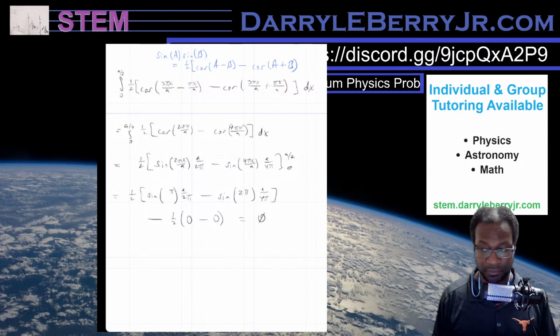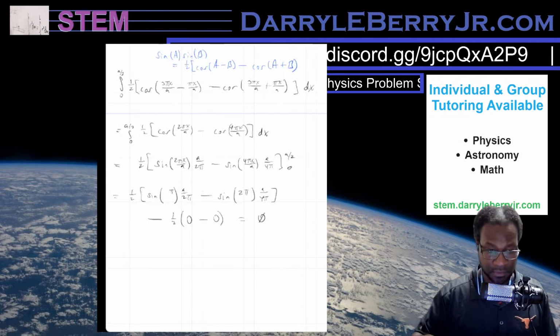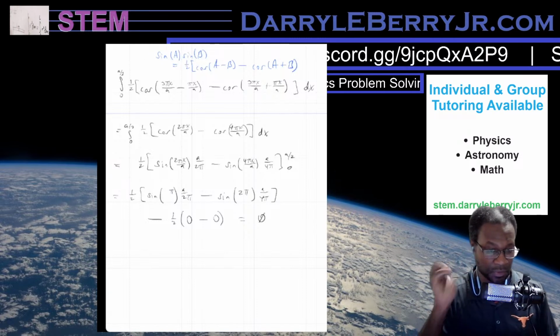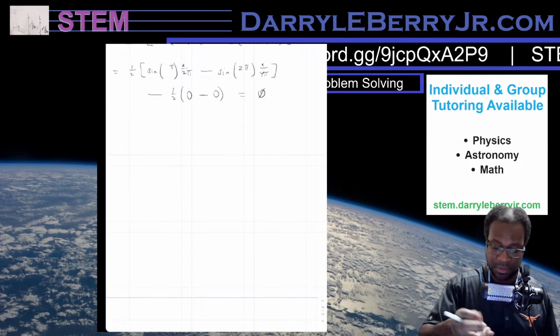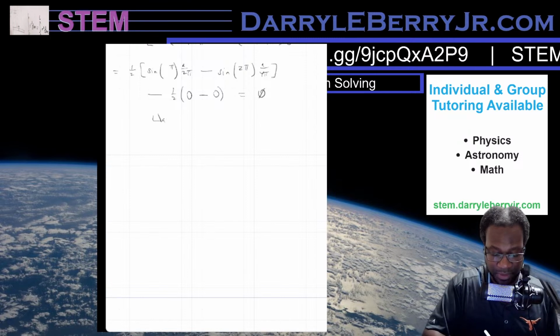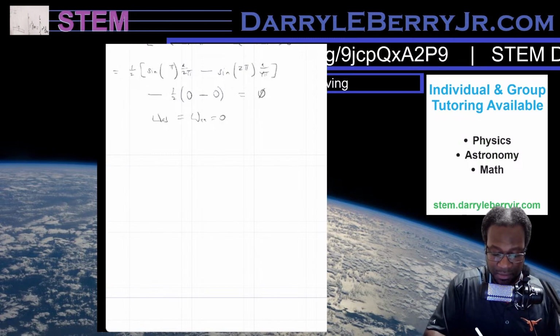Looks like this is what it ends up being due to orthogonality. And so that means that WAB equals WBA equals 0.